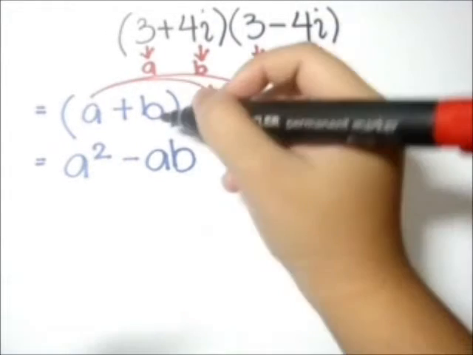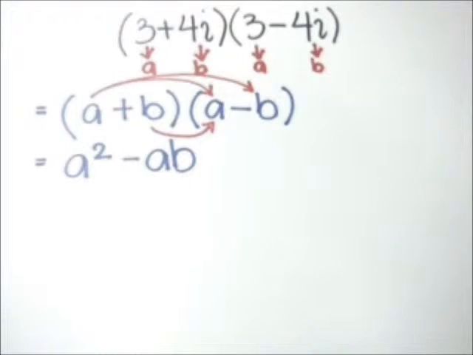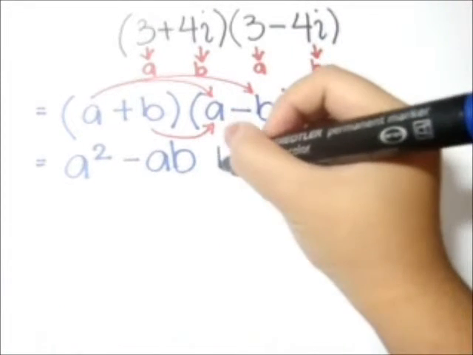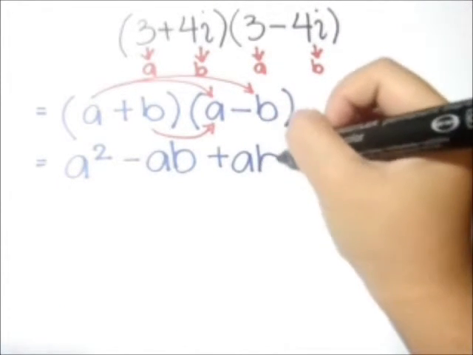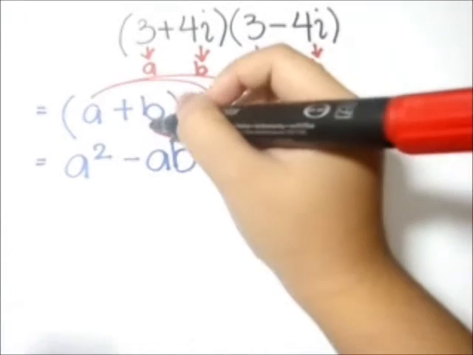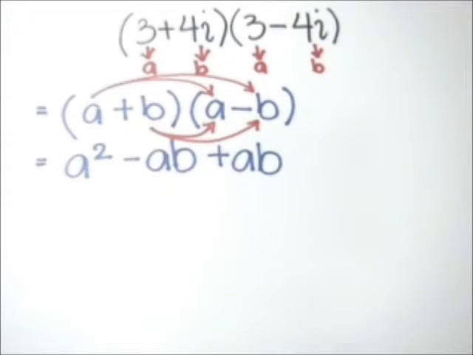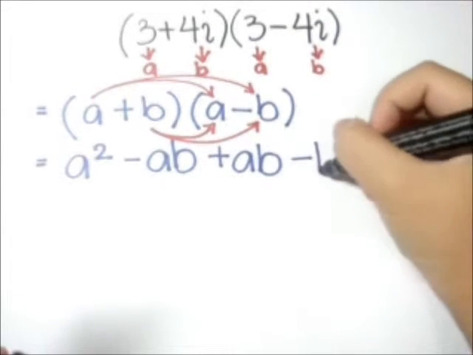Then we multiply B to A, giving us plus AB. Lastly, we multiply B to negative B, giving us minus B squared.